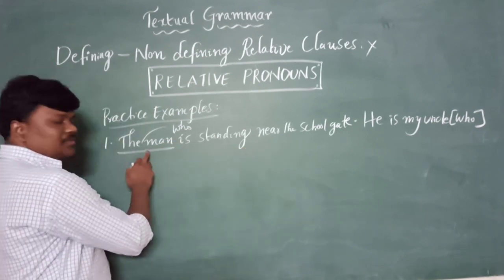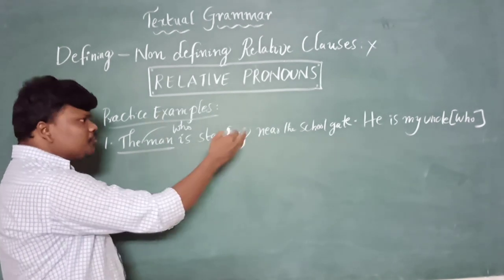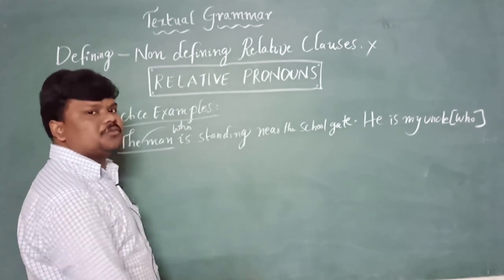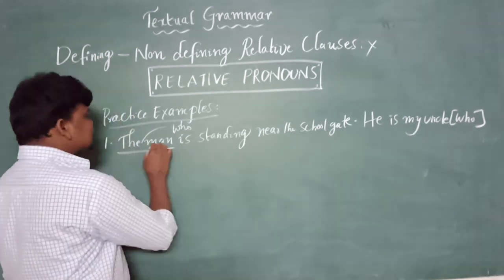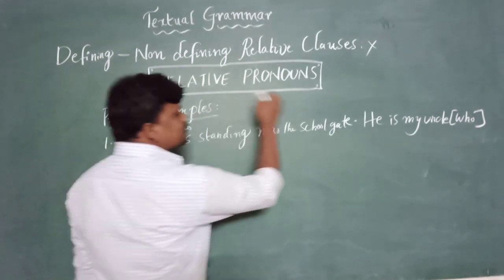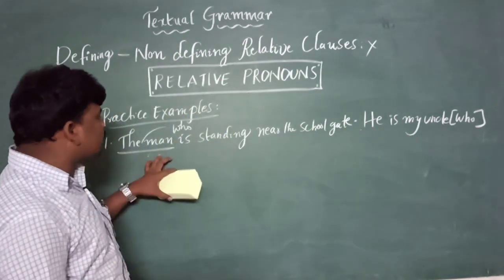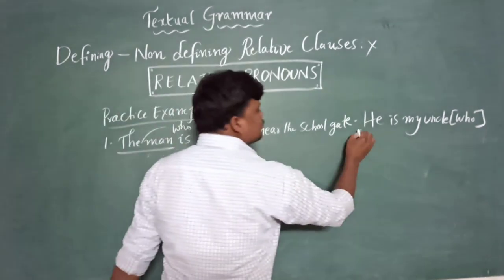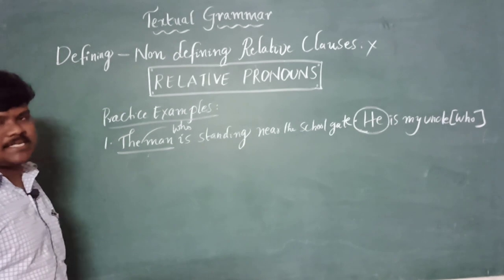This is a noun, and very close to this, one pronoun will be in the second sentence, and that pronoun should be removed immediately, because the noun already reflects the pronoun. That is a relative pronoun. We need to remove the full stop and "he", and continue the remaining sentence as it is.